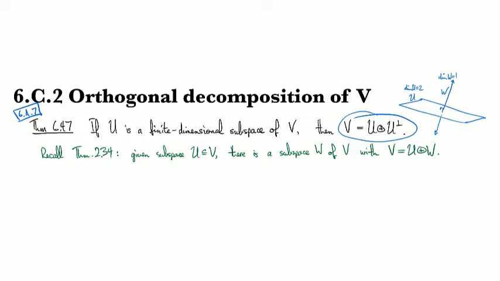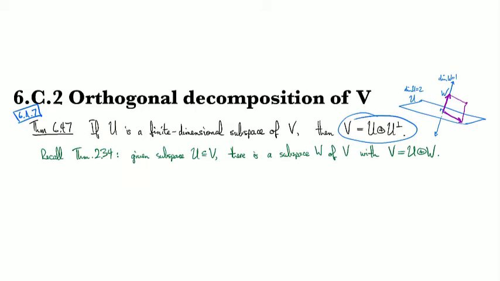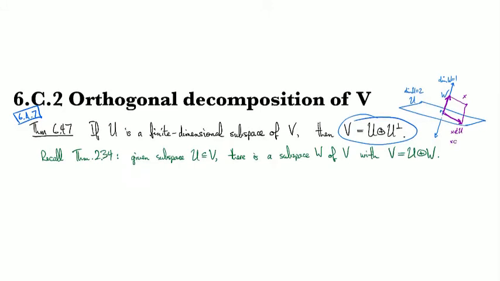And then there's lots of points that are neither in U nor W, right? Like this point out here, he's the sum of this thing in W and this thing in U. Oops, shouldn't have labeled that. So this point X right here, X is not an element of U, and also X is not an element of U perp.